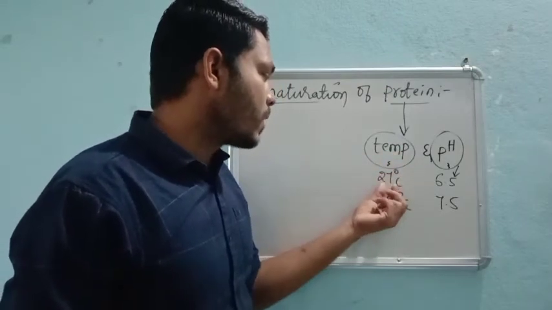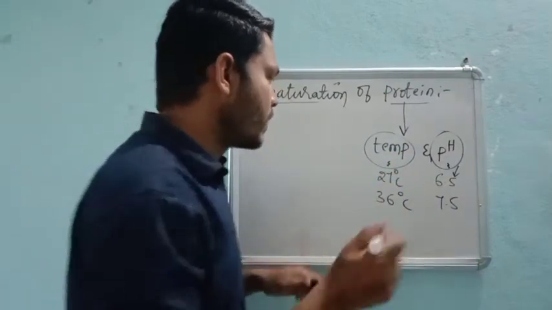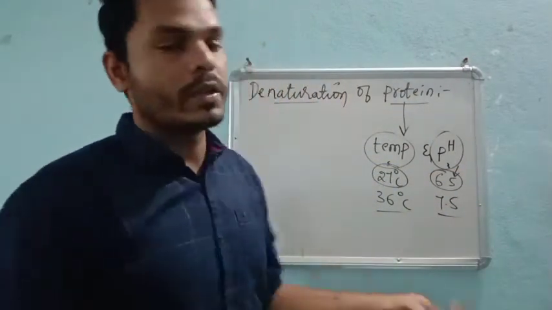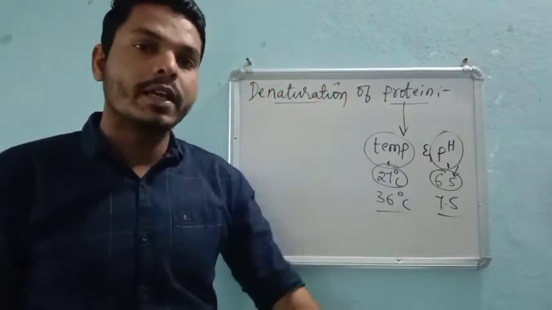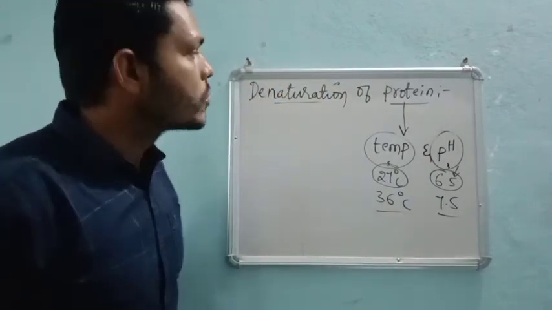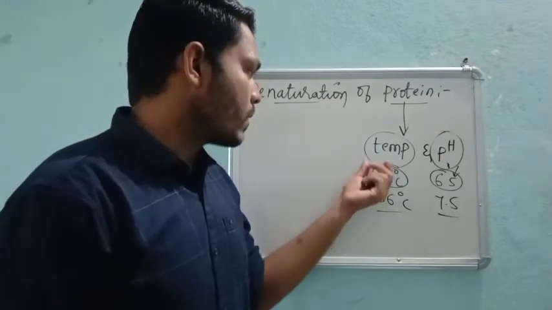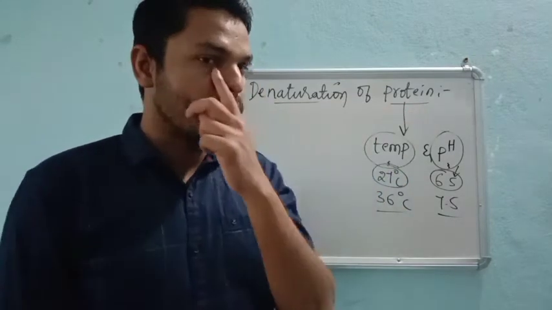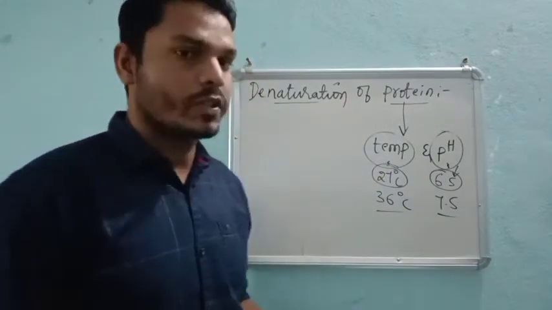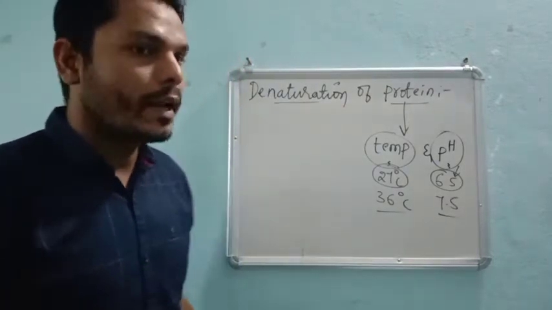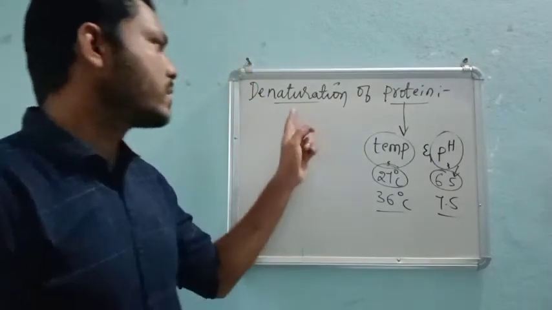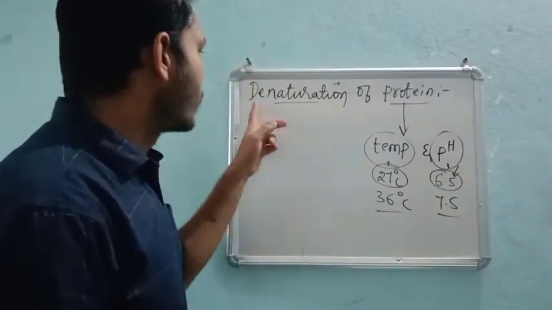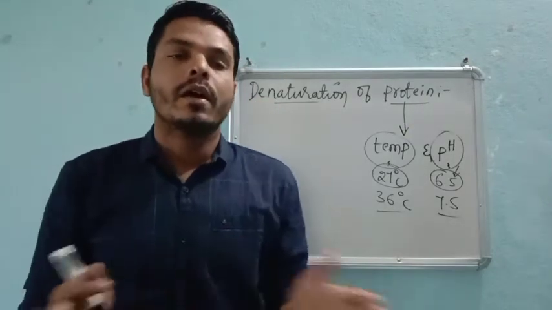A particular protein survives in its own condition, but we are changing that condition. That means its biological activity will be changed, right? That activity is changed by altering the temperature or pH. That process is nothing but denaturation of protein. De, you already know in chemistry, is nothing but remove, right?